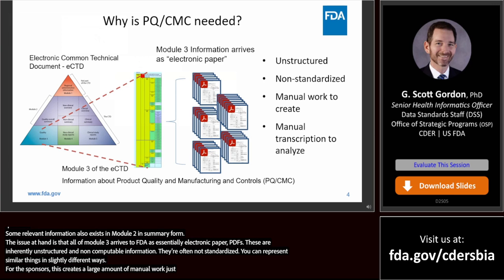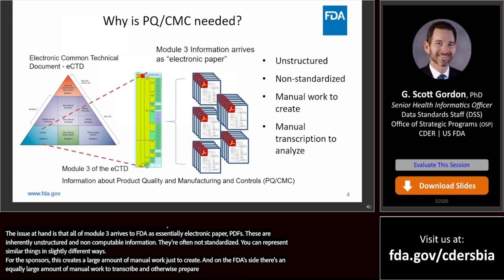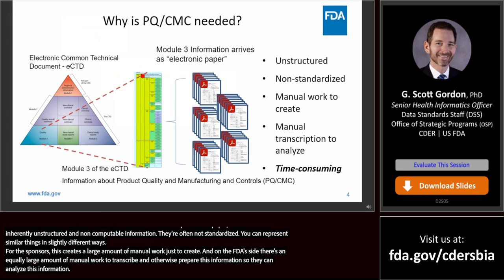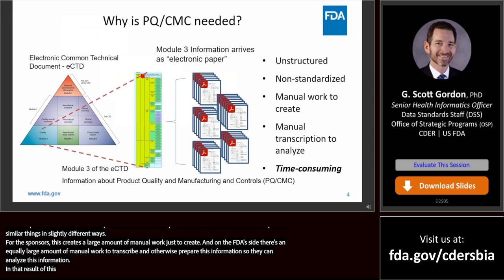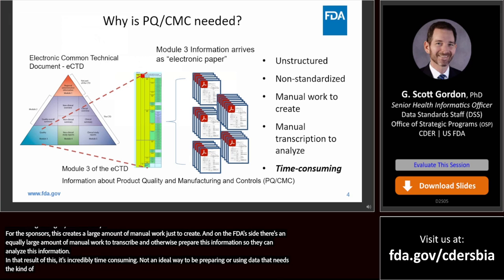And on the FDA side, there's an equally large amount of manual work to transcribe and otherwise prepare this information so that they can reliably analyze it. The net result of this is it's incredibly time-consuming. Not an ideal way to be preparing data or using data that needs the kind of analysis it deserves in the 21st century.